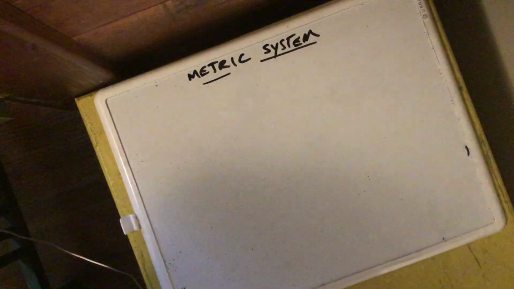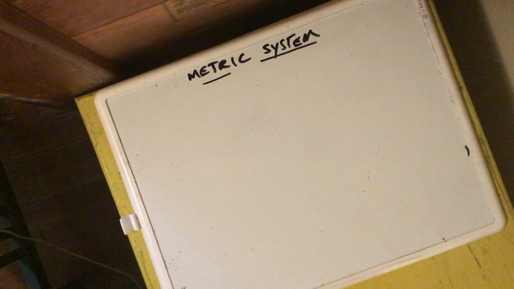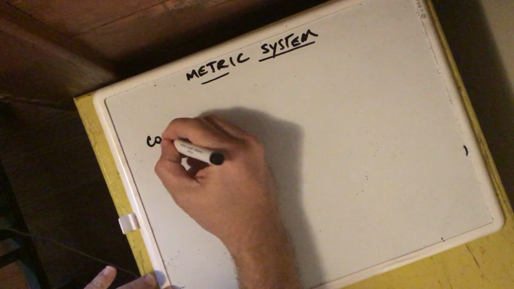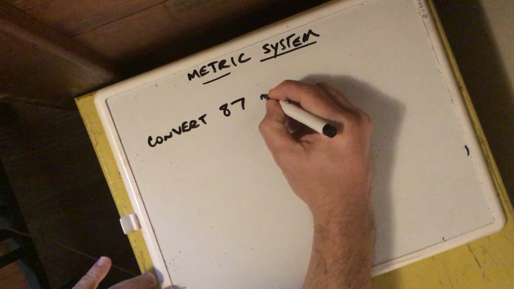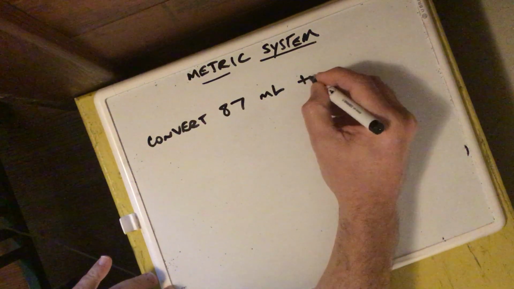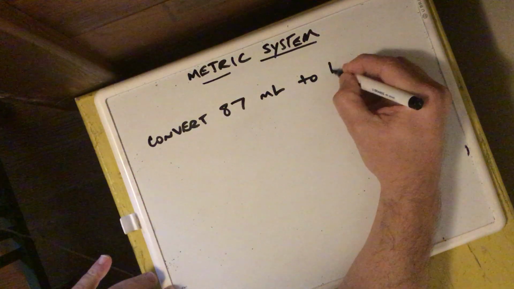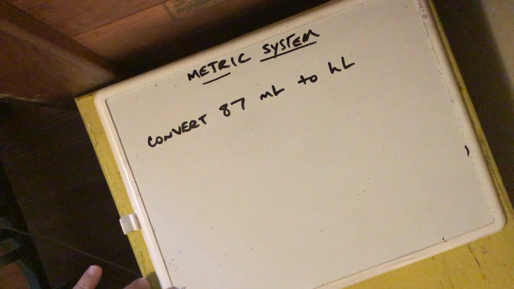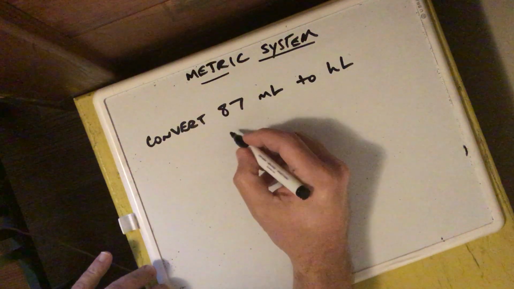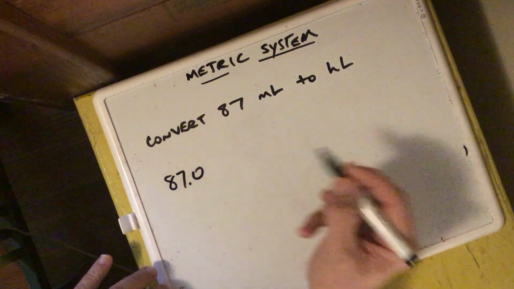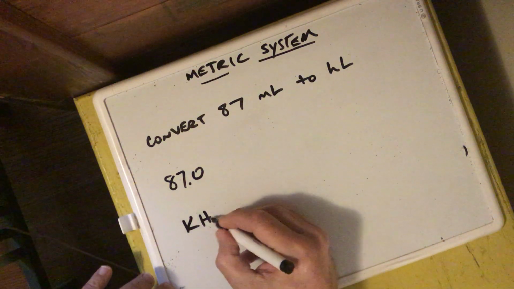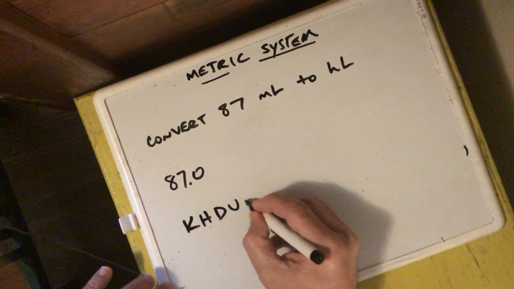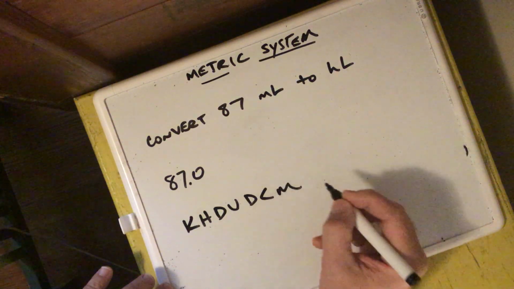So let's say, for example, you have a problem that asks you to convert 87 milliliters to hectoliters. So they gave you a number that you start with. It's 87.0, and it's in milliliters. So I write out the mnemonic by just first initial. King Henry doesn't usually drink chocolate milk.